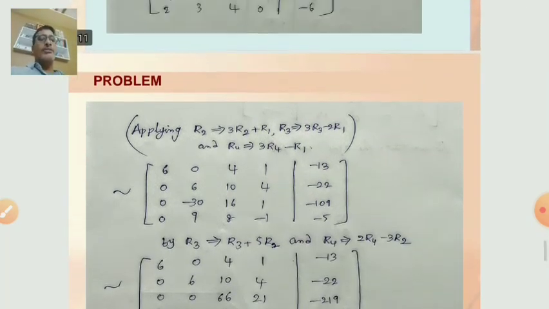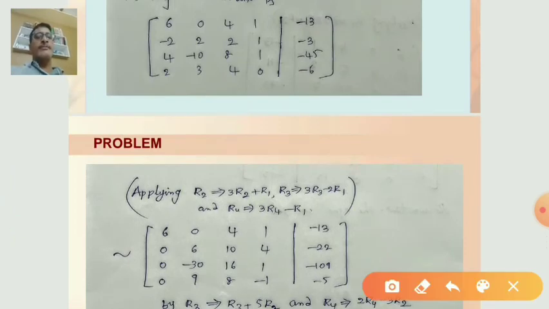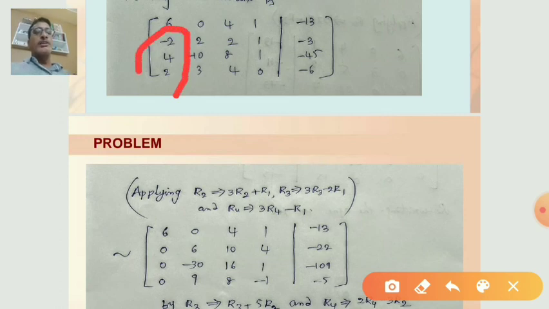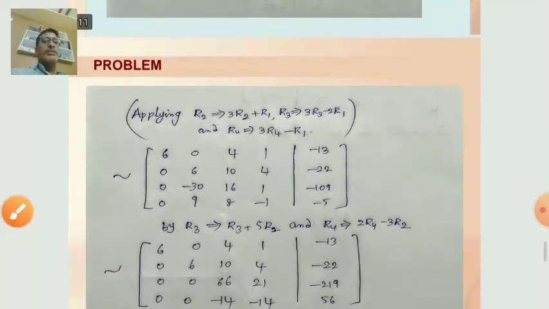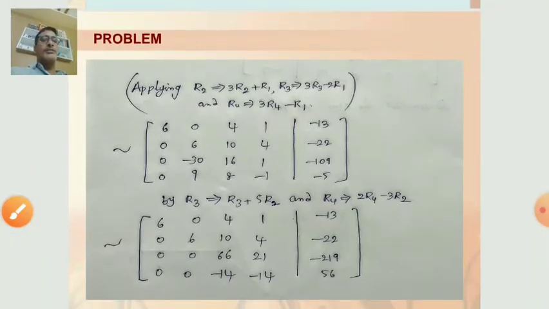So for this, what we have to do first? We have to follow stepwise. In the first step, we have to change these three elements into 0, and in the second step we change these two elements, minus 10 and 3, into 0, and in the final step we change 4 into 0. So we apply row transformations in each case.